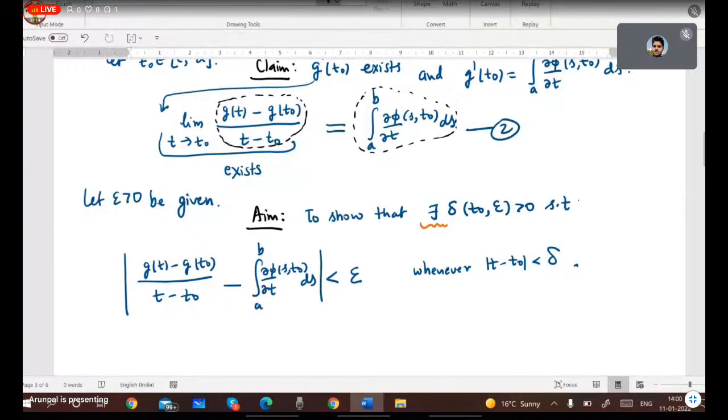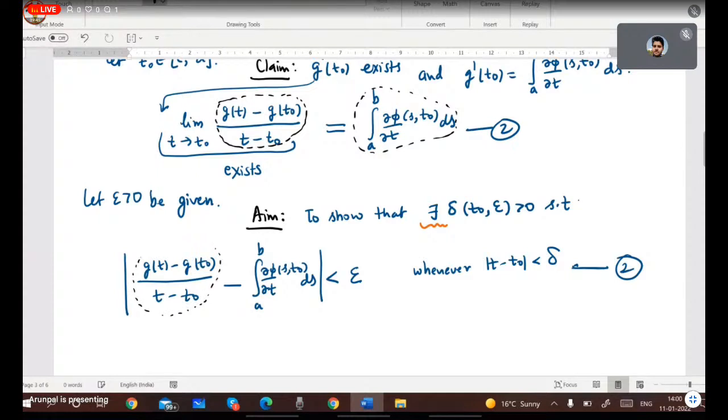Just a minute, class. So let me call it number 2. So class, now finally, to show 2, I need to compute this expression separately.